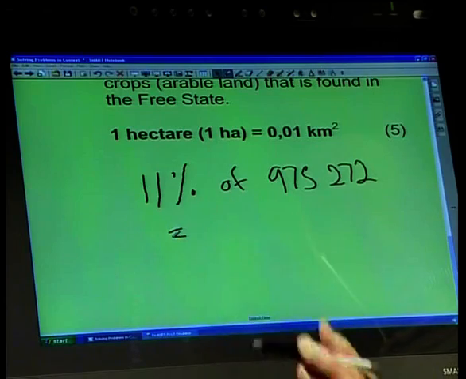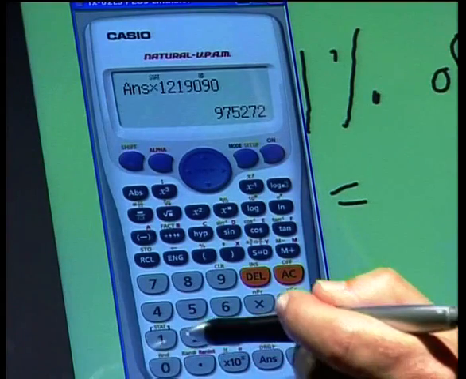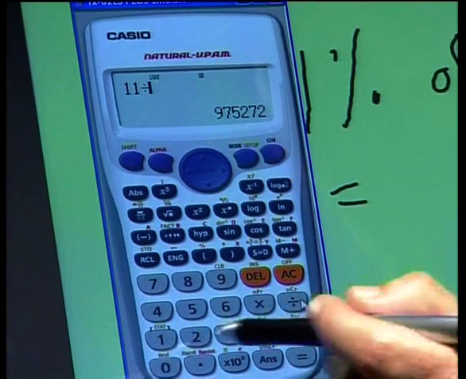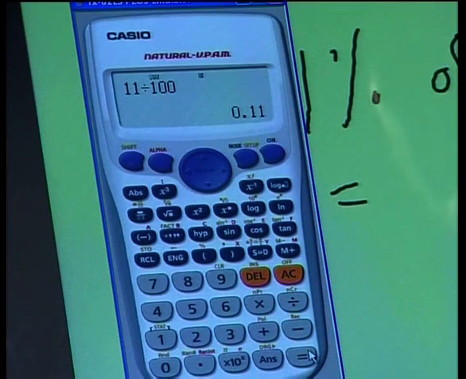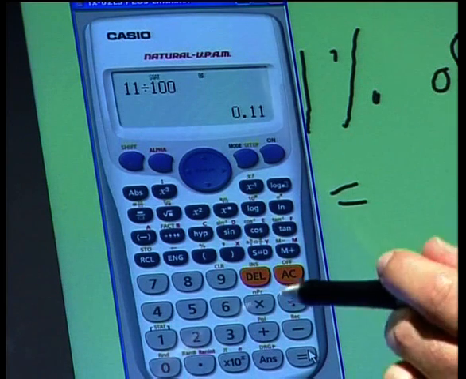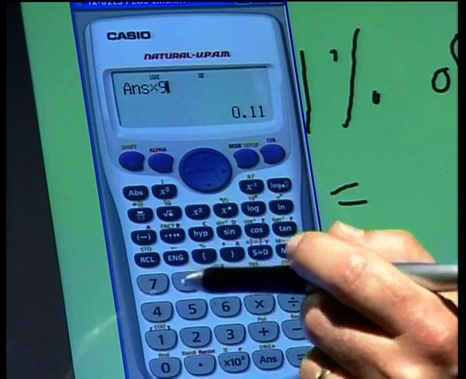And what does that answer give us? Well, back to the calculator. 11% is 11 divided by 100, or you could just straight away go to 0.11, and we're multiplying 975,272.